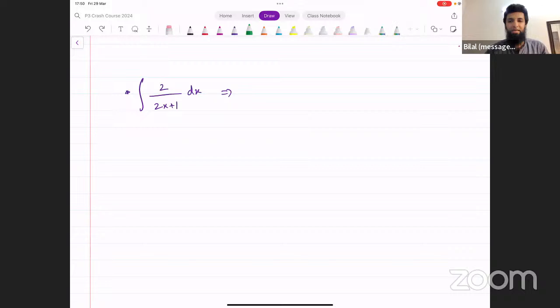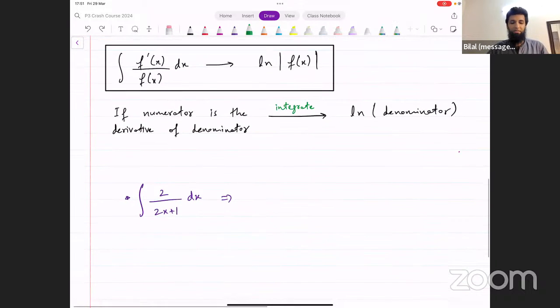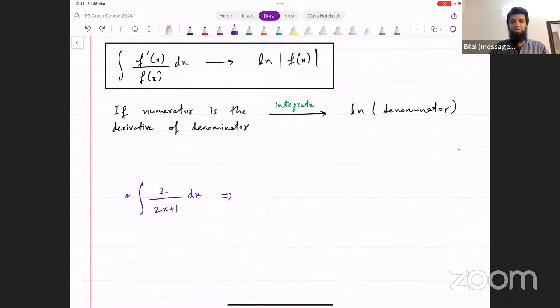That condition is satisfied. So what's the integral then? Integration of this is going to be ln of the denominator, ln of 2x plus 1 plus c. That's the integration of this fraction, because it's of that form. Numerator is the derivative of the denominator.